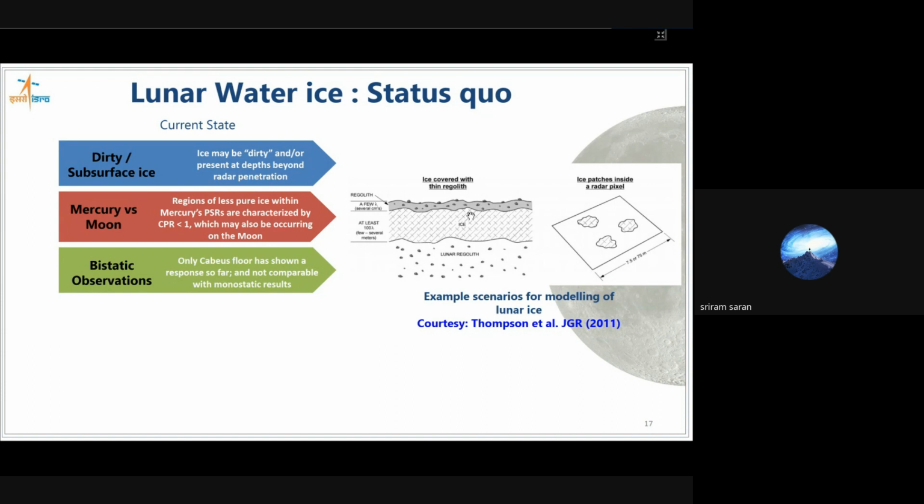So two typical scenarios for detecting water ice from the lunar environment are shown on the right here. On the left, let's assume a surface where you have a few centimeters of regolith on top of thick, multiple-wavelength-thick sheets of ice. Theoretical prediction says that the ice layer should be at least 100 times the wavelength of observation.